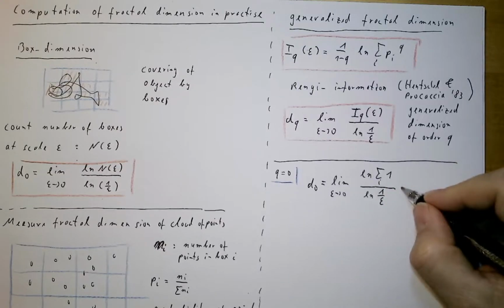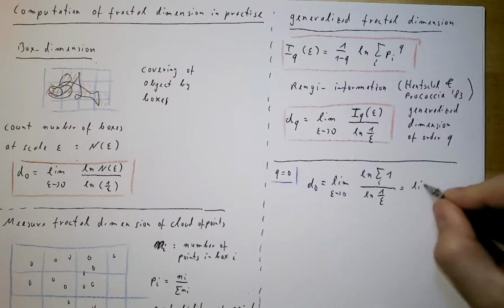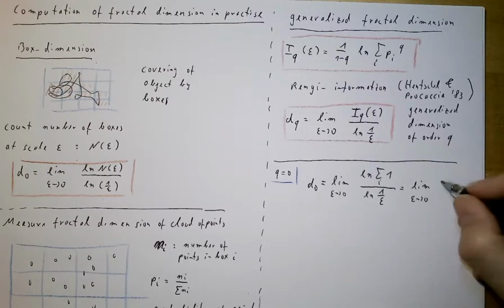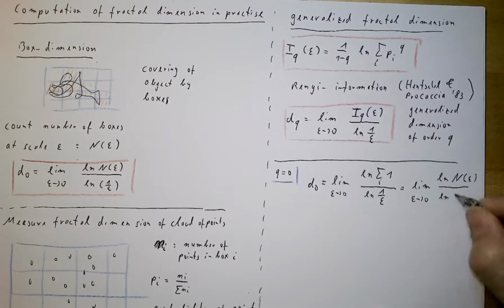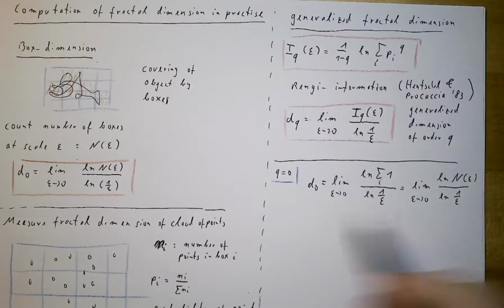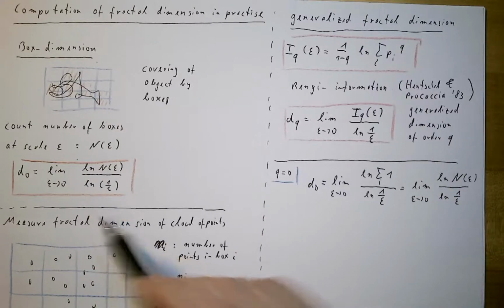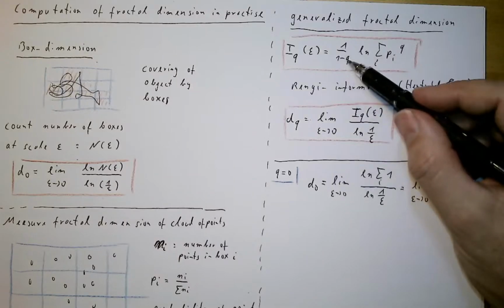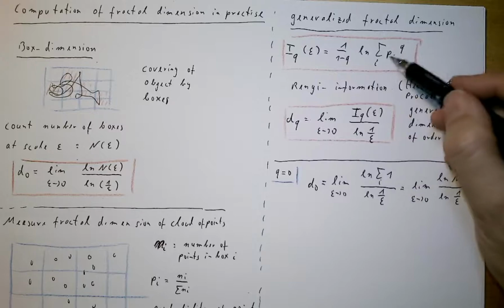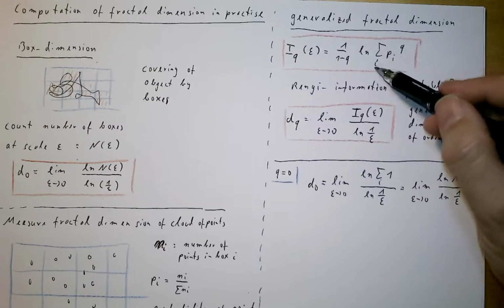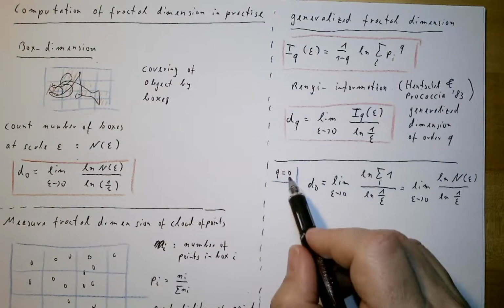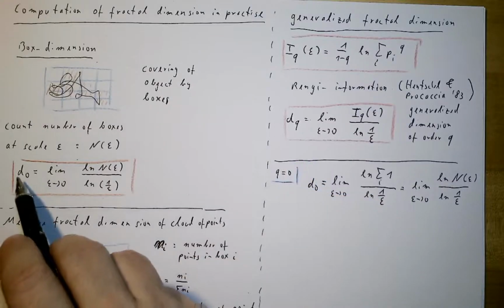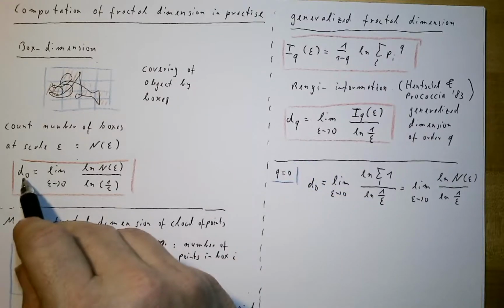So this means we have here the limit epsilon goes to 0 of ln of the number of boxes we need, divided by the logarithm of 1 over epsilon. And this is exactly the measure we had before. So if we take the value q equals 0, the way we treat a number to the power 0 and sum over all boxes leaves us exactly with the number of boxes we need to cover our fractal. So this q equals 0 is exactly our box dimension d0, and that's why we gave it the number d0.